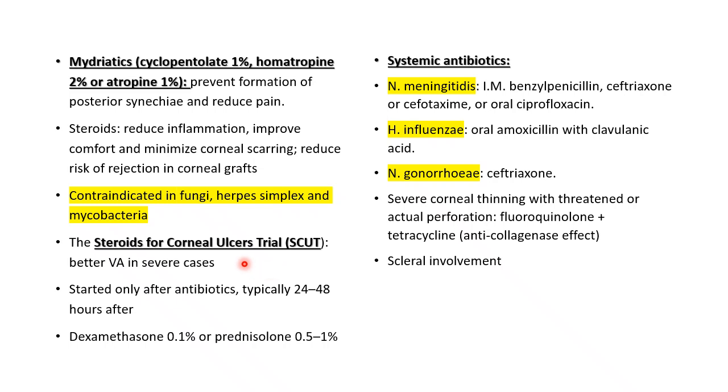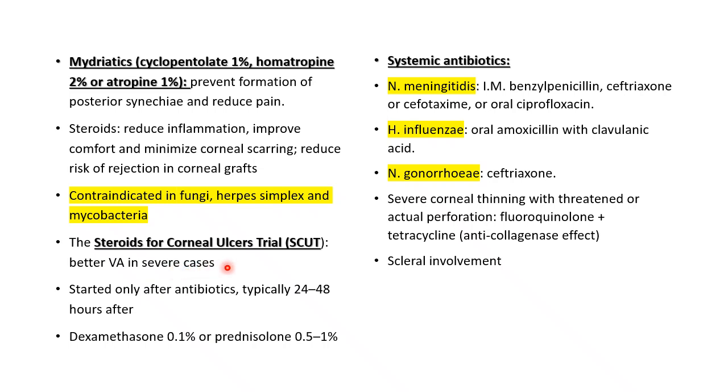Now, they saw that in cases of severe corneal ulcers, such as a large, say more than 4 diameter, central corneal ulcer in the pupillary area, or if the patient's vision is hand movement or something, that comes under the category of severe corneal ulcers. Such cases respond to corticosteroids in terms of the final visual acuity.